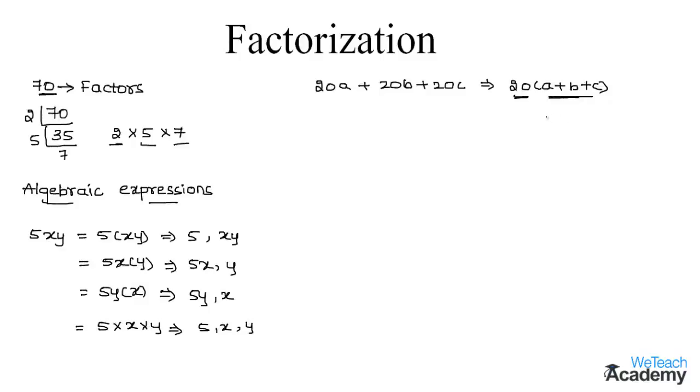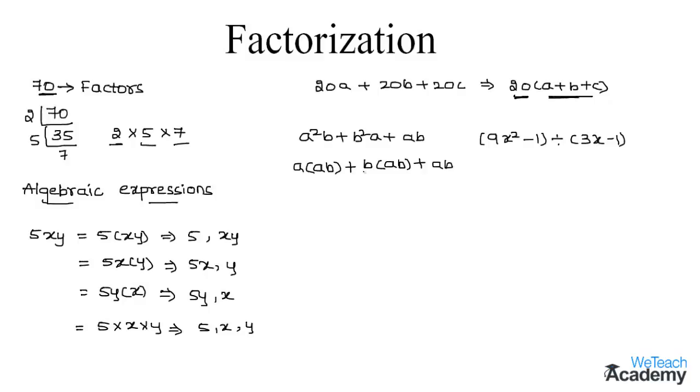Now consider some more algebraic expressions like a square b plus b square a plus ab, and the other expression we have is 9x square minus 1 divided by 3x minus 1. Moving on to the first algebraic expression, the first term is a square b, so we can write this as a into ab, and again we can write b square a as b into ab, plus ab.